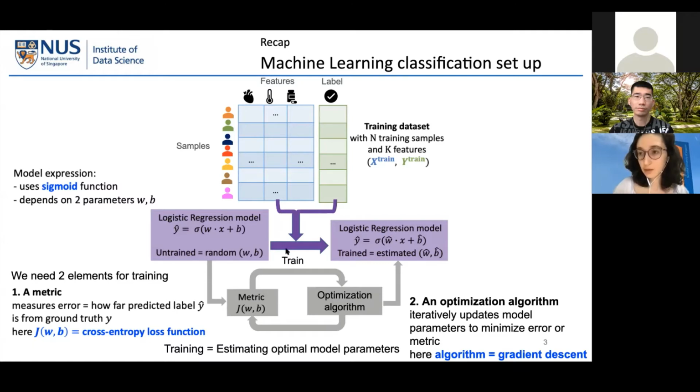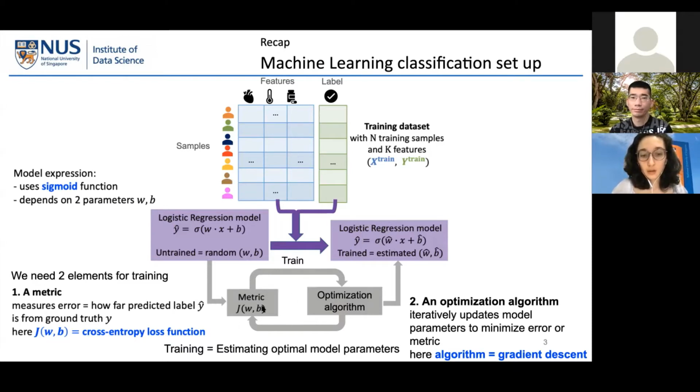We need to estimate them, so we need to train our model using our training data set in order to estimate the good W and B parameters. It's not always possible to get a closed form solution for the best parameters W and B. So what we need to do, for instance for logistic regression, is to define a metric that will measure the error, how far the prediction y hat is from the ground truth y.